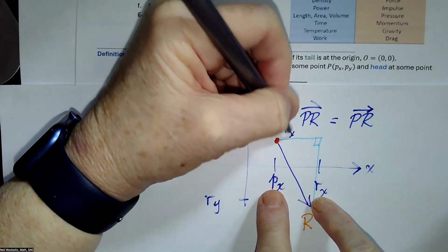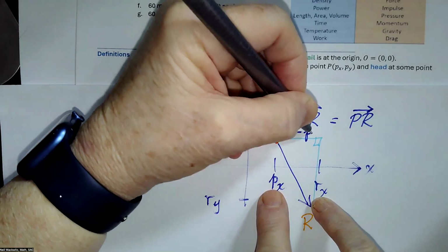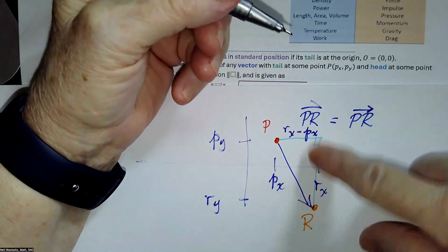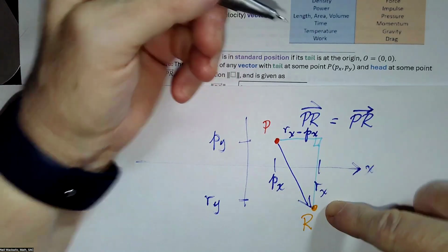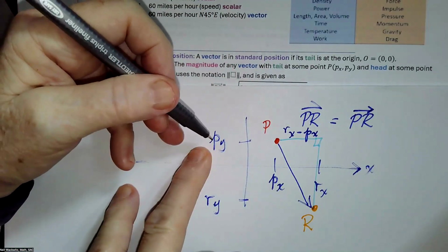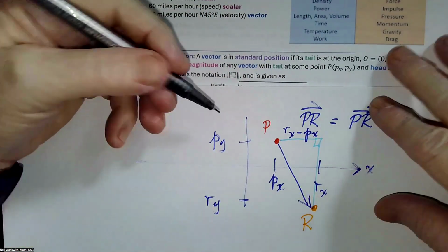So R sub x minus P sub x. And I can see that the vertical distance is P sub y minus R sub y.